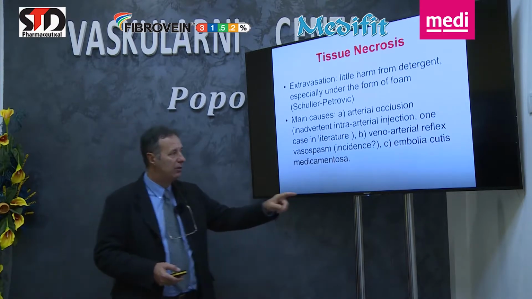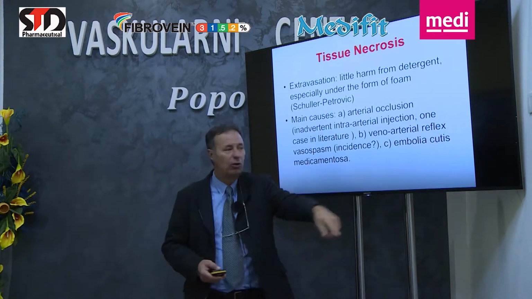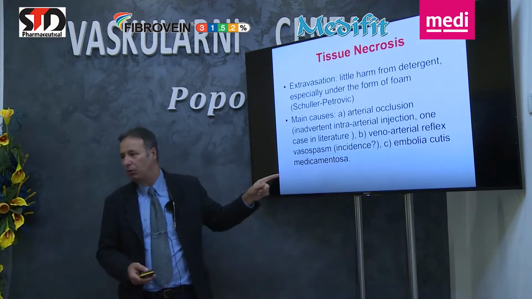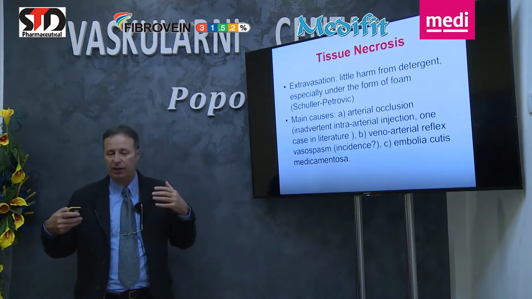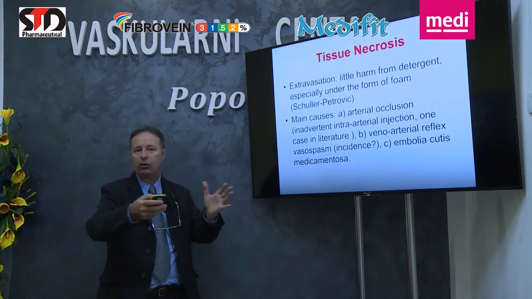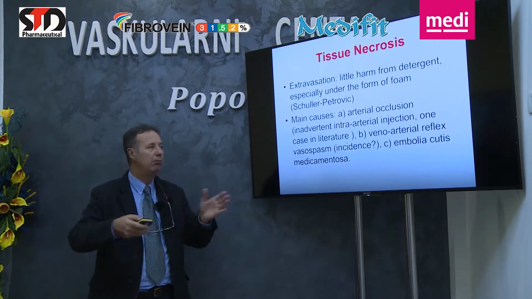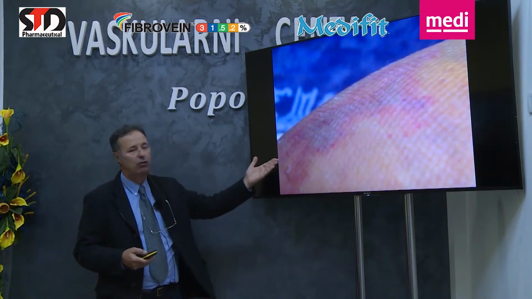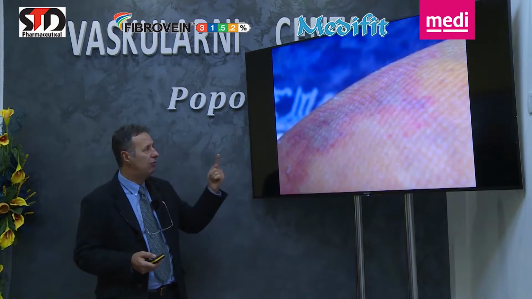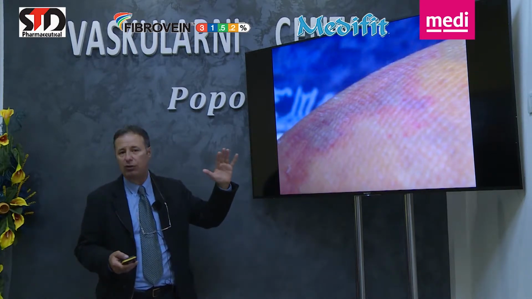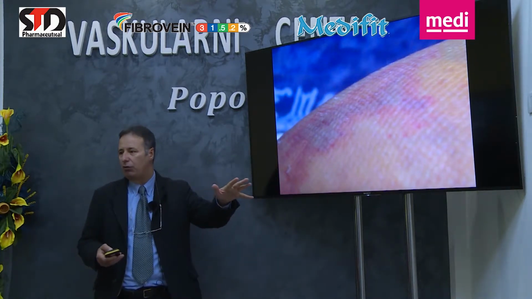Last but not least, this is common in dermatology, embolia cutis medicamentosa. What is it? Somehow you get a kind of bolus of drug which goes in periphery, passing, and this is what I got. One single case in my life. This was 35-40 centimeters far from the injection point.